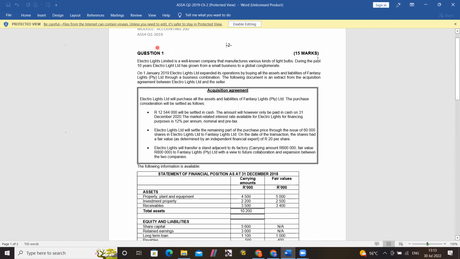Now, don't forget, what did we say? If we see an entity buying into another entity, so buying a stake in another entity, the first thing you have to determine is control, right? Now, because Electrolytes is buying the assets and liabilities of Fantasy, that's not really necessary because we know that they definitely do control the assets and liabilities. And because it's assets and liabilities, what did we say?